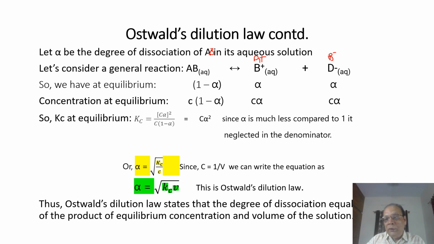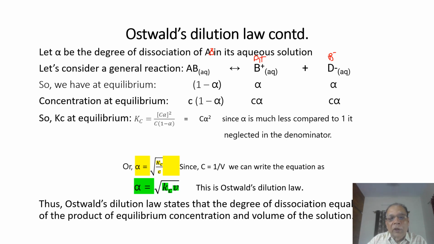Now, if we calculate Kc, that is the equilibrium constant of concentration, here it is known as the dissociation constant. Kc is equal to C alpha square, because C alpha into C alpha, divided by C into 1 minus alpha.